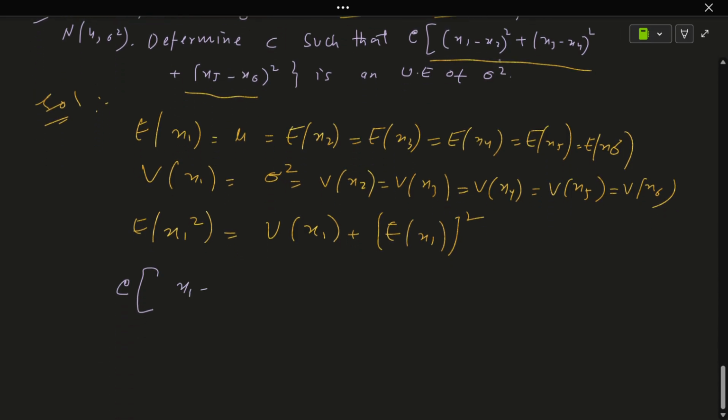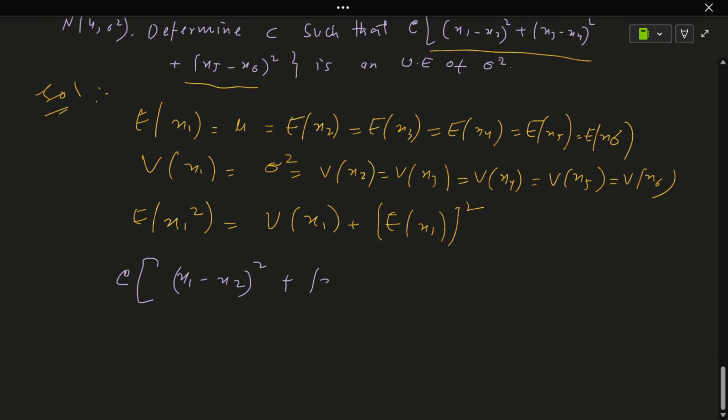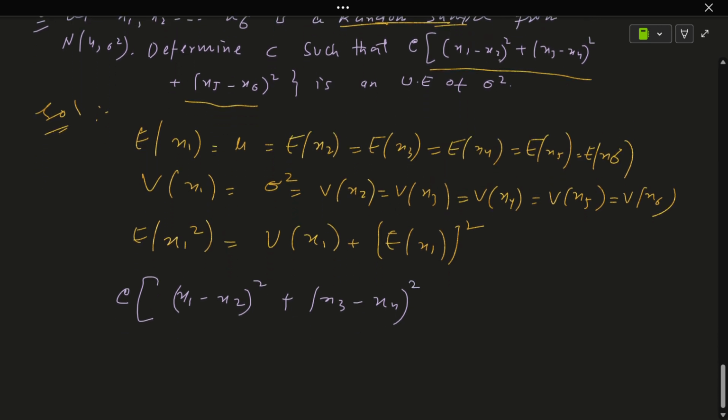So now we have C times (x1 minus x2 plus x3 minus x4 plus x5 minus x6) square, which is equal to sigma square.